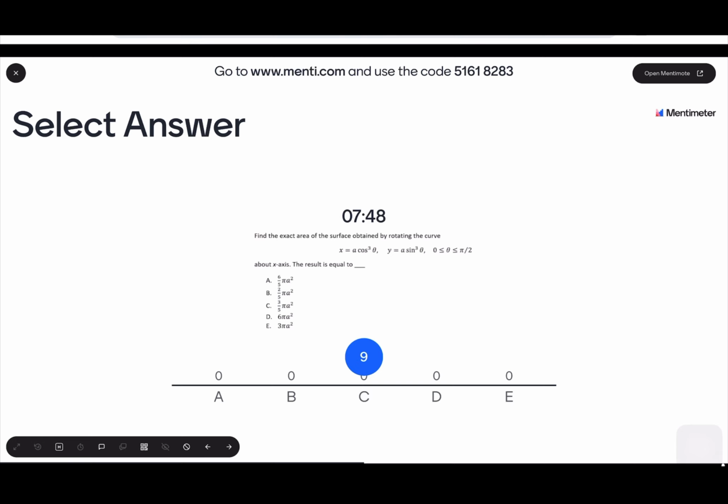Find the surface area where x is a cosine cubed theta, y is a sine cubed theta, theta is from 0 to pi over 2, rotated about the x-axis.